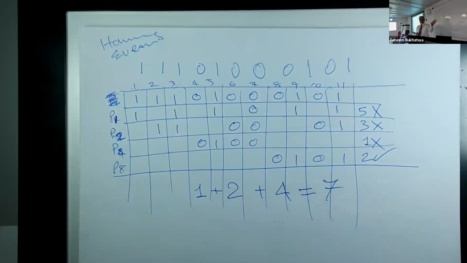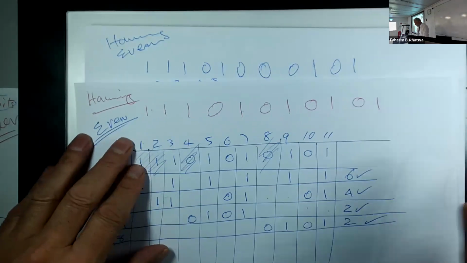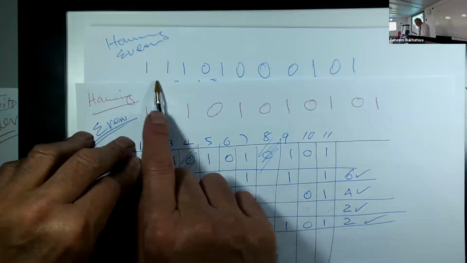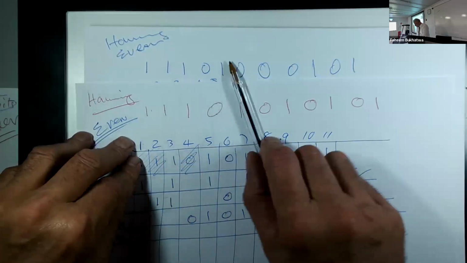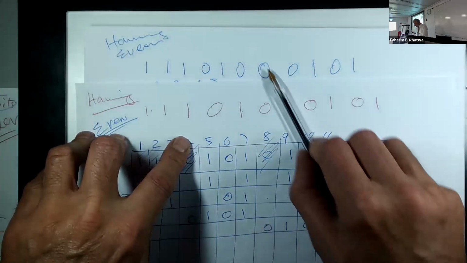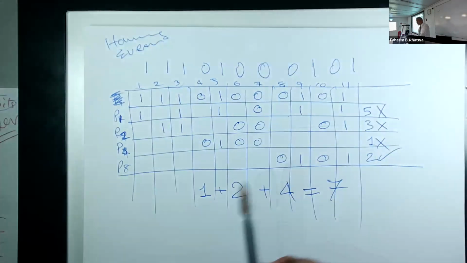That's why they use the binary system. This is the bit I changed without telling you. If you check the original frame, it was 1 1 1 0 1 0, and that should be a 1, but that's the one I flipped.